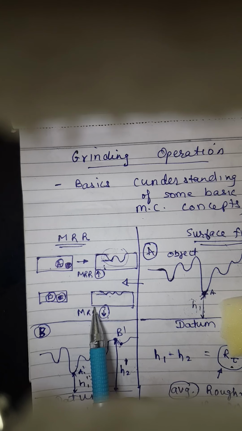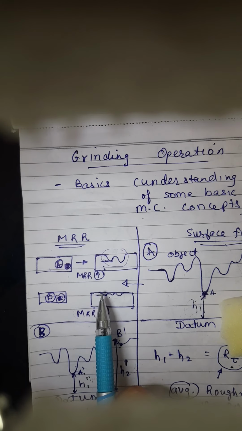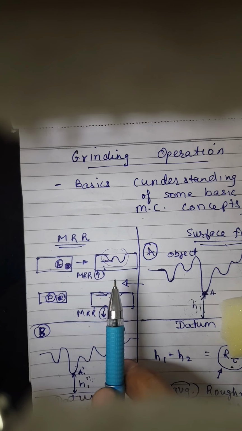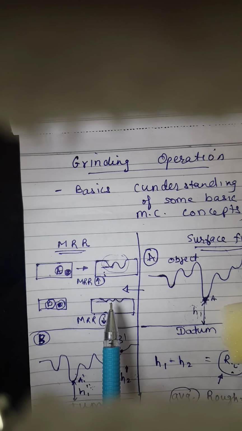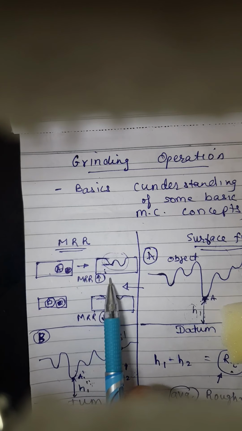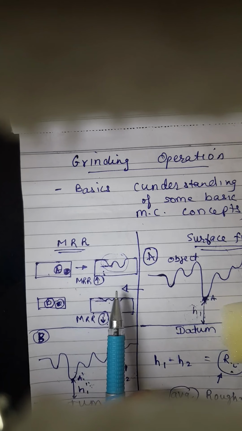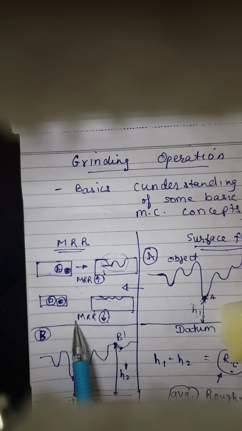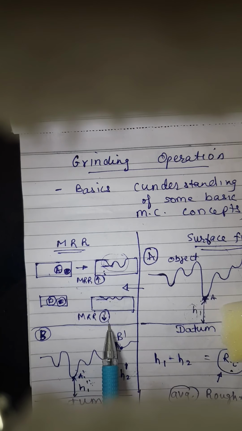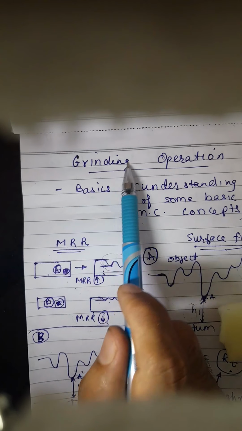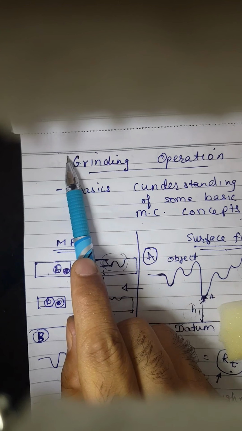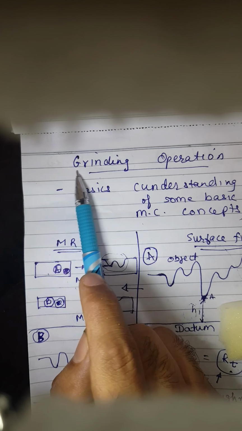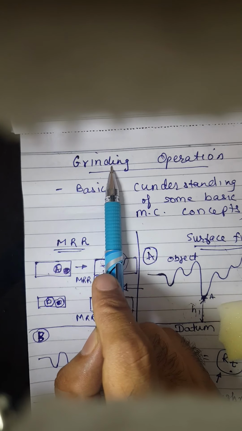Why are we discussing MRR here? What is the significance of the material removal rate? If you recall the earlier concepts that we had seen for machining, the higher the MRR, the poorer is the surface finish, and the lower the MRR, the better is the surface finish. This means that when I'm going for the grinding operation, my basic requirement is that grinding is generally a surface finish kind of operation wherein I'm removing a very small amount of material.